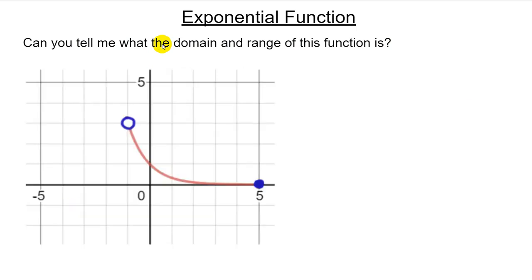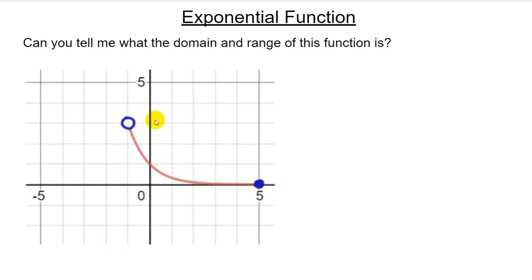Let's look at another example. You tell me what the domain and range of this function is. So if we look at the x's, x is domain. This means we have an open circle at negative 1. So negative 1 to 5. So it's going to be negative 1 less than x less than or equal to 5. Okay?